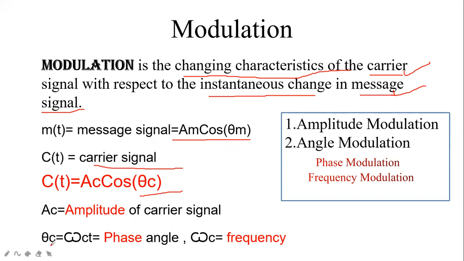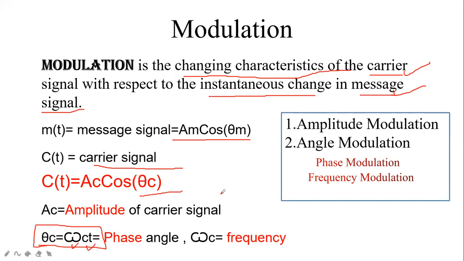Just note down this formula: theta c, or phase, is equal to omega c into time. So basically your phase is the multiplication of frequency and time.